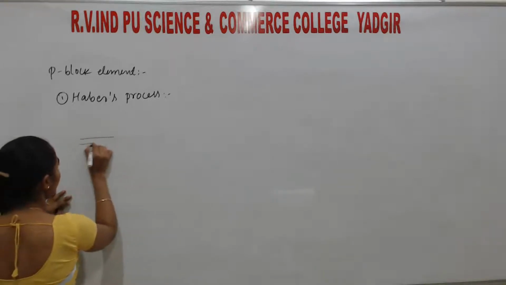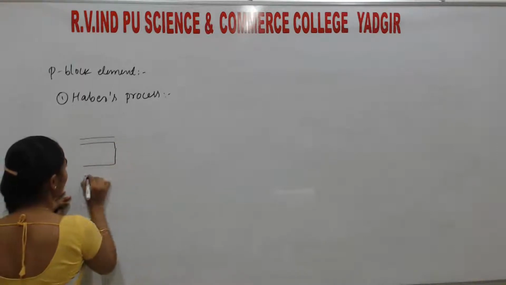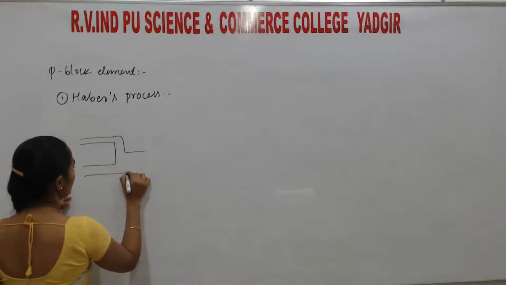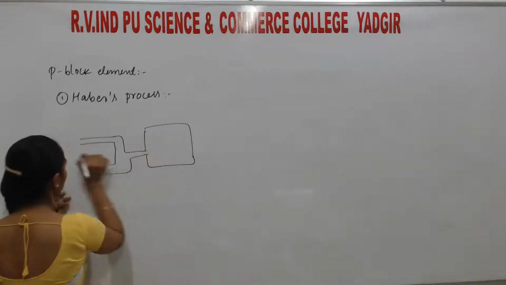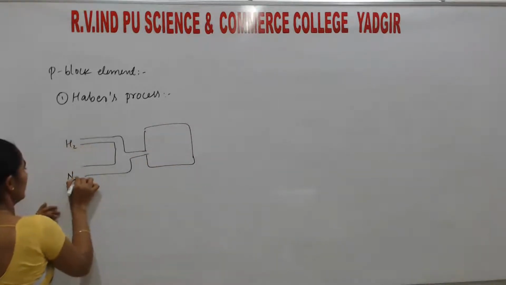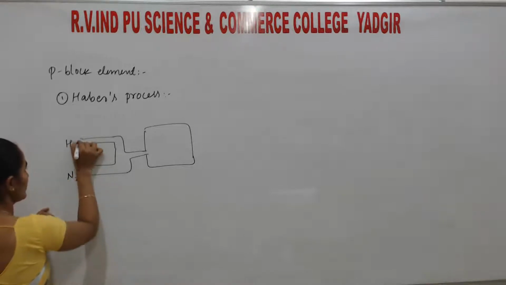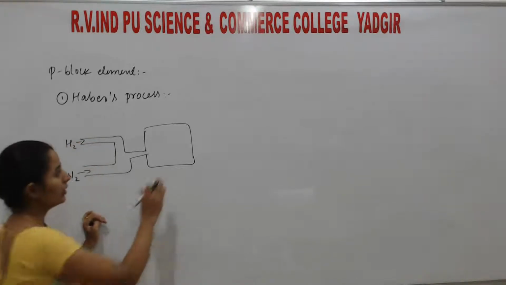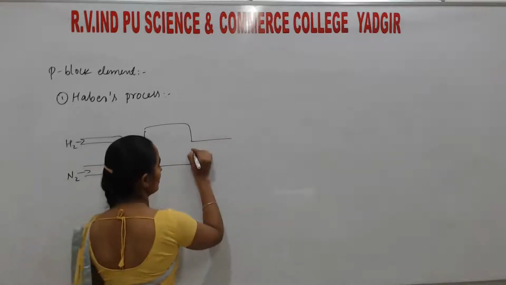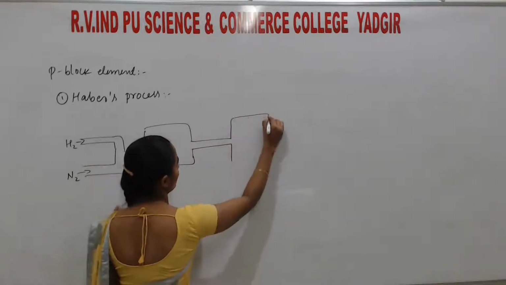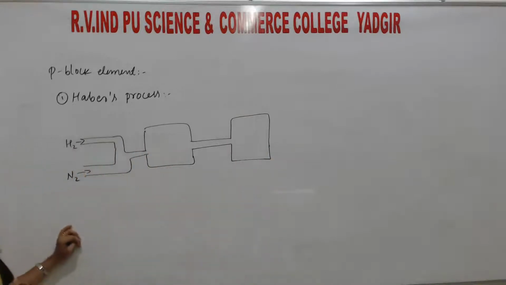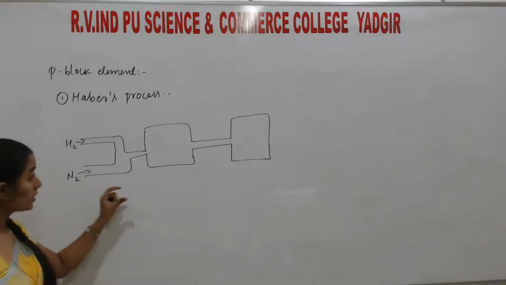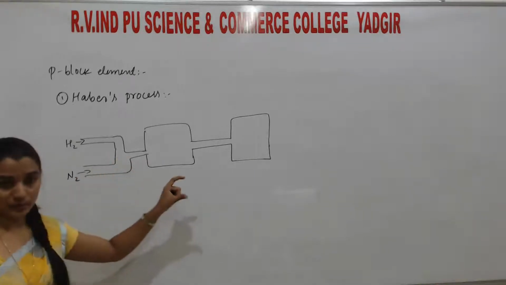Listen, your inlet values are there: H2, N2 inlet values. No matter how you write the flowchart, you have to represent each and every step.